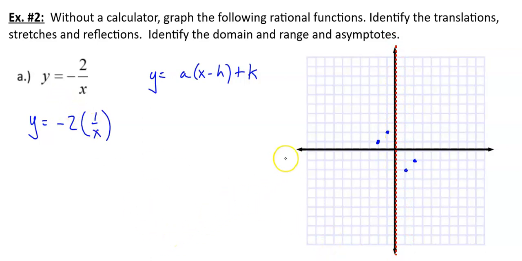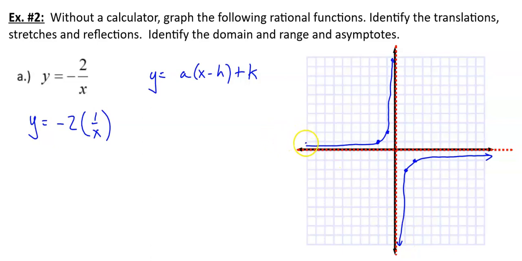And because this is a fraction, y will never be that value. Those are my two asymptotes. And we know reciprocal functions from our last experimentations look like this. Boom. And then we're going to do the same from down here. We're going to approach those asymptotes, but not cross them.